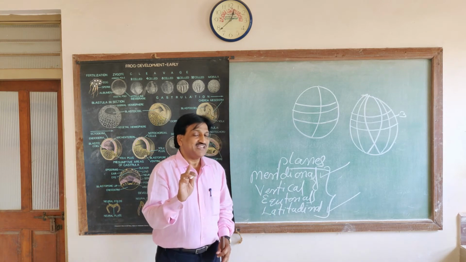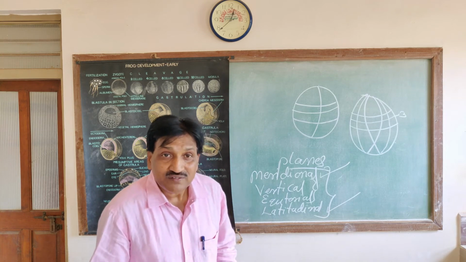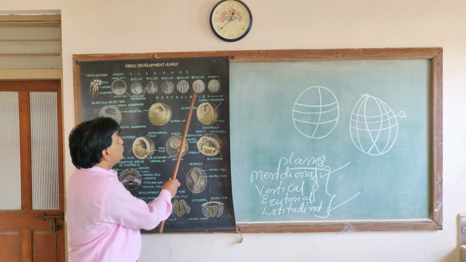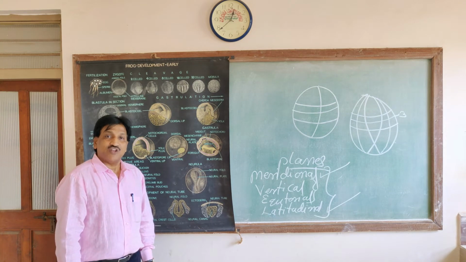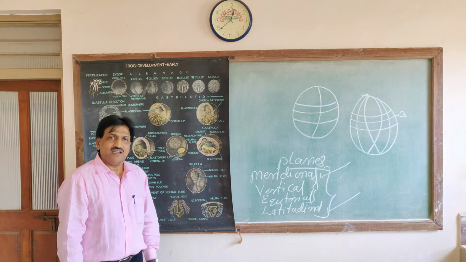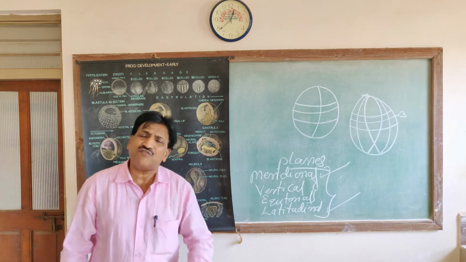The third cleavage plane is latitudinal. How many cells are formed? 32 cells are formed. So with the fifth cleavage plane being double latitudinal, 32 cells are formed.